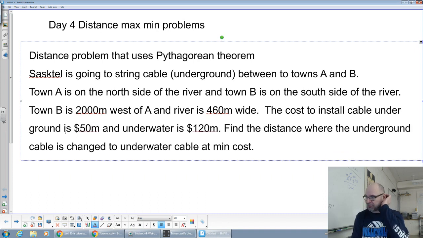And underwater is $120 per meter. It doesn't want to let me. So these are per meters in here. Find the distance where the underground cable is changed to underwater cable at min cost.